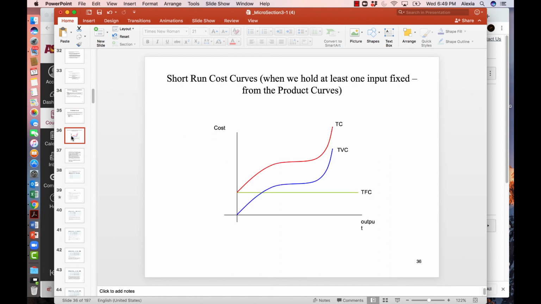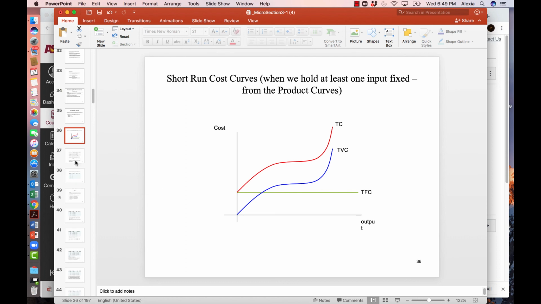All right, so this is just a quick picture of what our cost curves look like. We'll come back to this picture, but this is what they end up looking like after what we're going to do next.